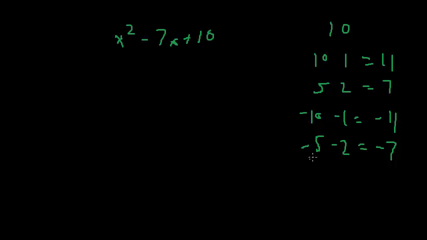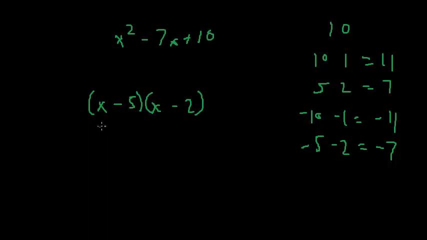So here I'm looking at negative 5 and negative 2, because they multiply to give me my third term and add up to give me the coefficient of my middle term. So when I factor this, right away I know my first two terms are x, and then my second two terms will be a negative 5 and a negative 2.